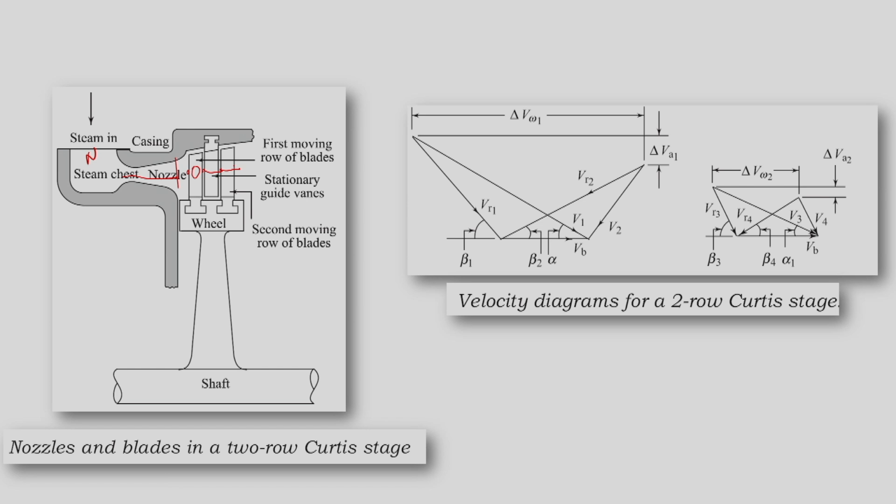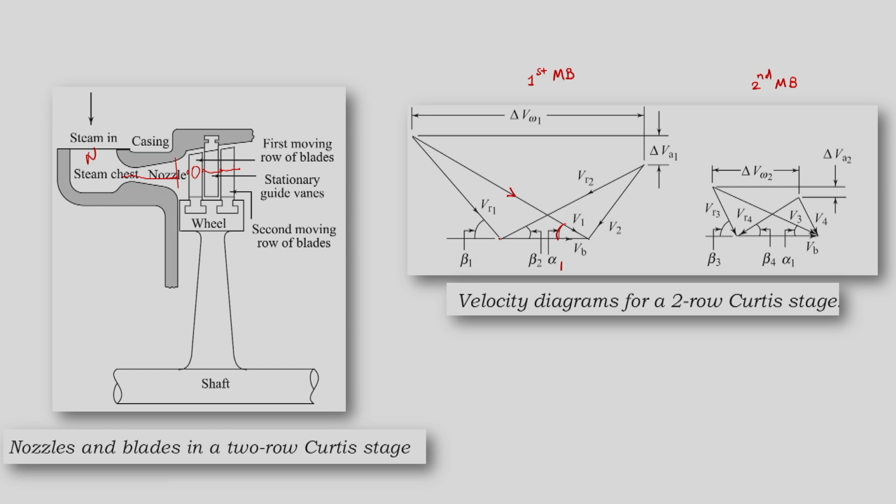If we see the velocity diagram, this is the first set of moving blades, and this is the second set of moving blades. For the first set of moving blades, this is the absolute velocity, very large in magnitude at the entry, and it has angle alpha 1.